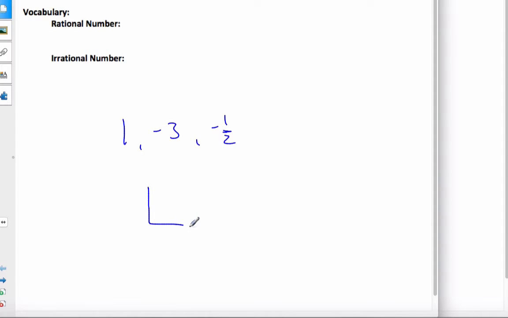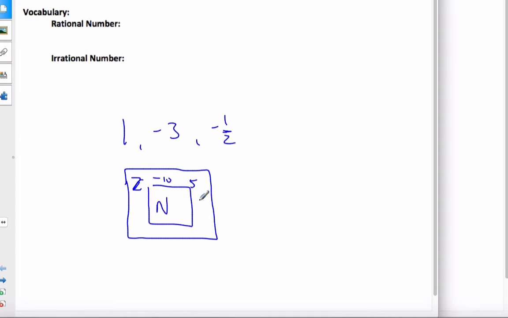They include the set of natural numbers, which is 1, 2, 3, 4, 5. And it also has the set of integers, which is Z, which is like -10 and 5 and 0 and -2.